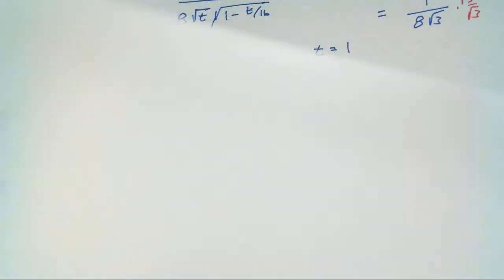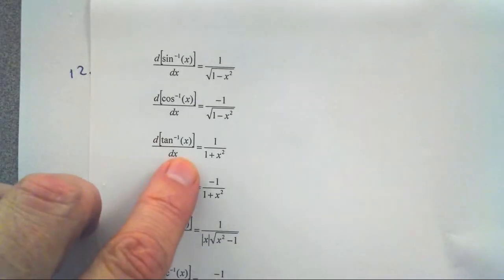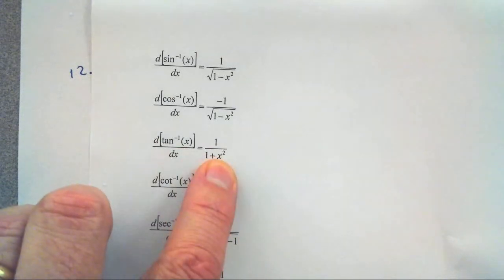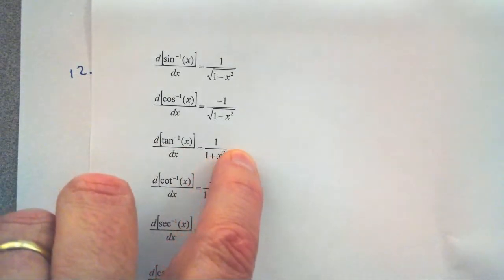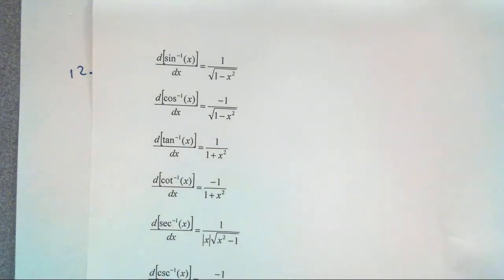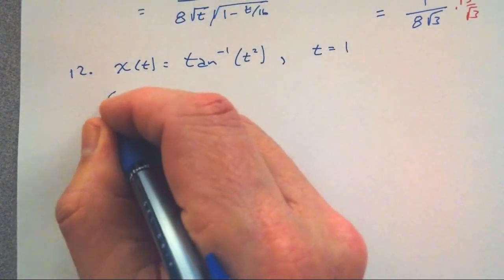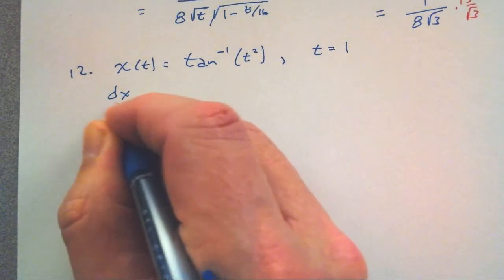But anyway, tangent inverse derivative is 1/1 plus the argument squared. If the argument's not x, we need to take the derivative of that with respect to x, or in this case, with respect to t. So maybe I'll just write this as dx dt.